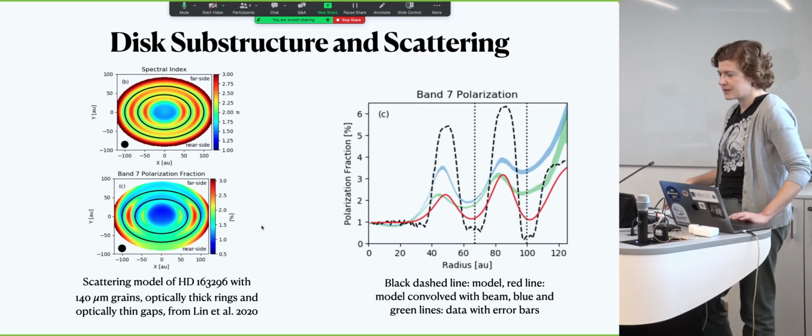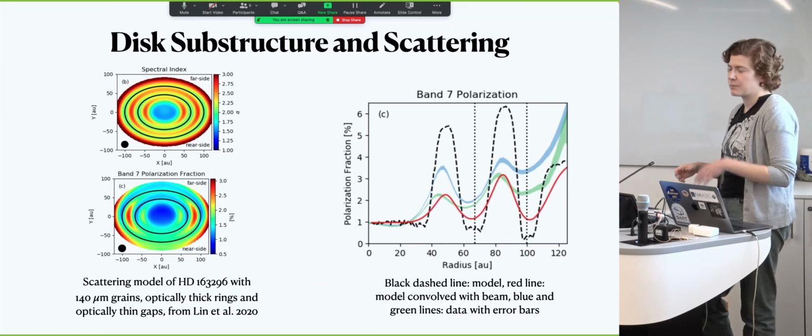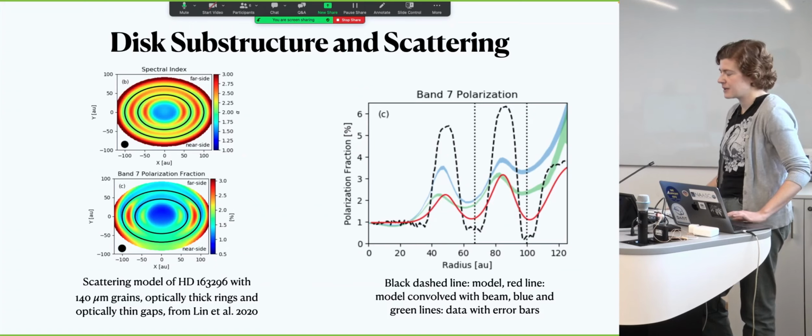So you can see that in this model you've got higher polarization fractions in the gaps of the disk, but if you smear out this polarization pattern by convolving it with a beam, that affects what you actually would see in the polarization observations.